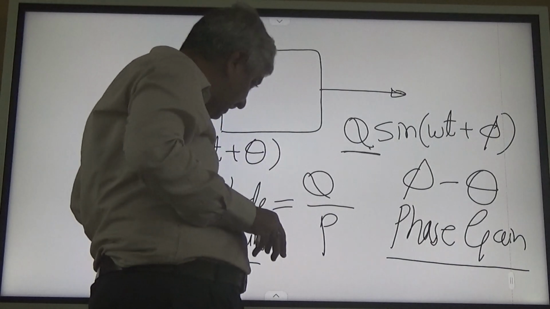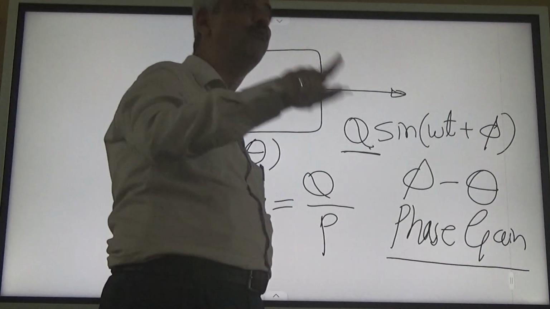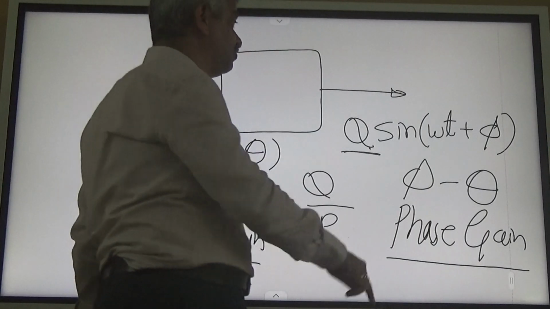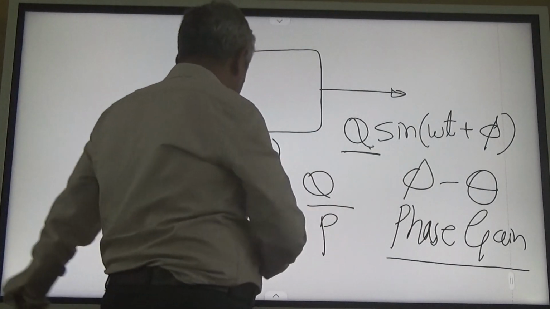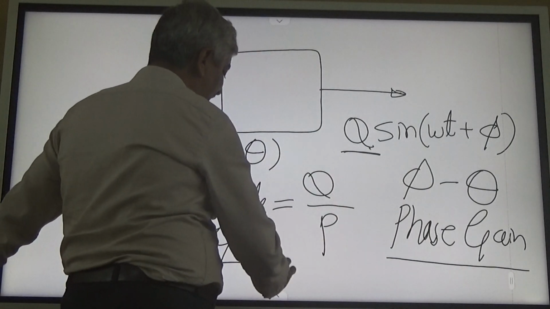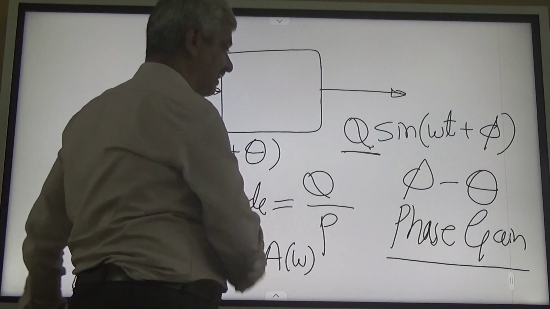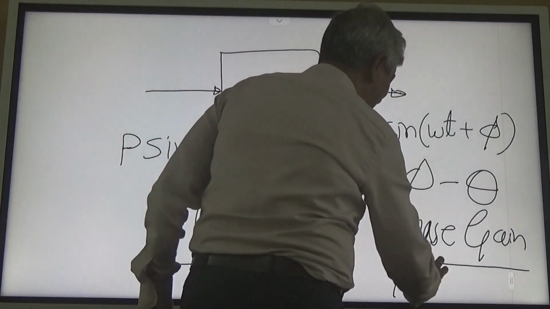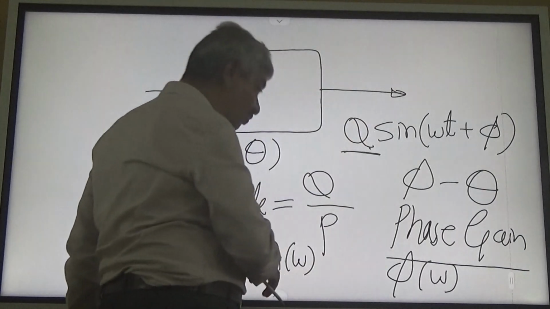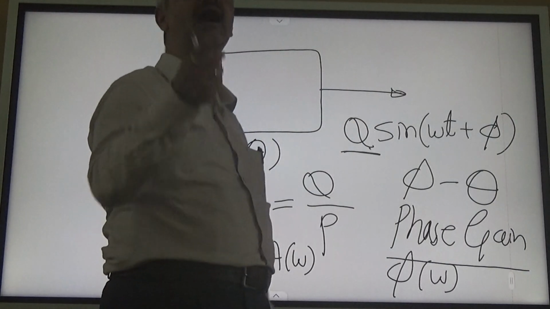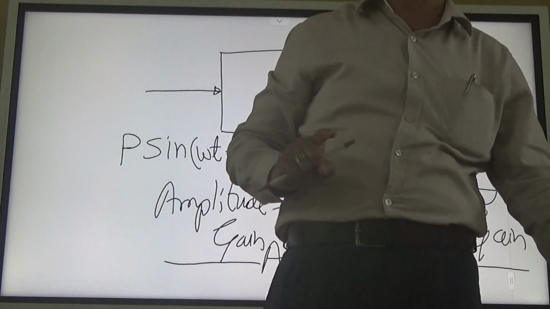So amplitude gain and phase gain both are functions of frequency. It is called A omega, and it is called phi omega. So A omega and phi omega are functions of frequency.